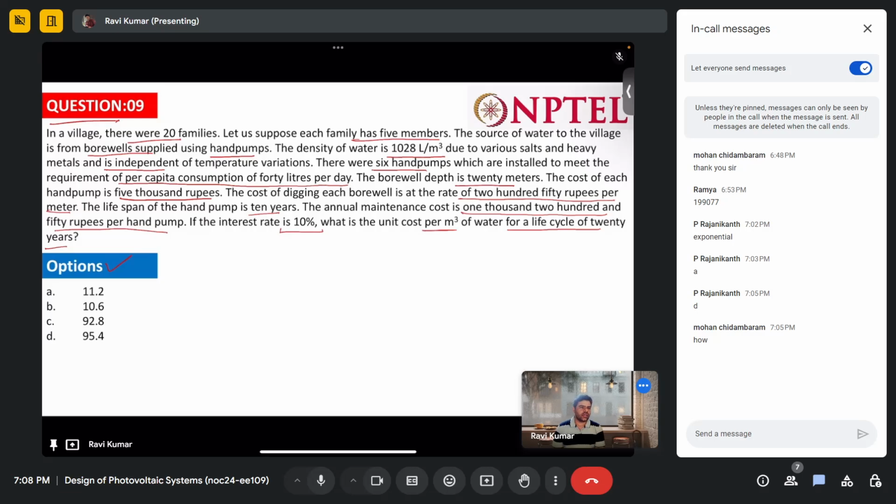And there will be two terms: first the LCC calculation, and second the total water required. Because then only you can divide this LCC, or we can say ALCC, that is the annualized life cycle cost, by the total annual water which you will withdraw.